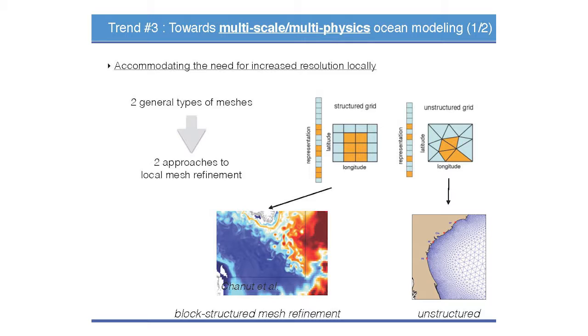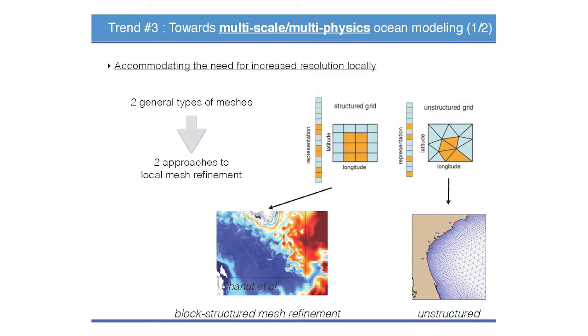So there are, from a very general standpoint, two types of meshes for geoscientific models. Either what we call structured grids or what we call unstructured grids. NEMO falls within the frame of structured grids. It has many benefits, especially in terms of efficiency, in terms of high performance computing.